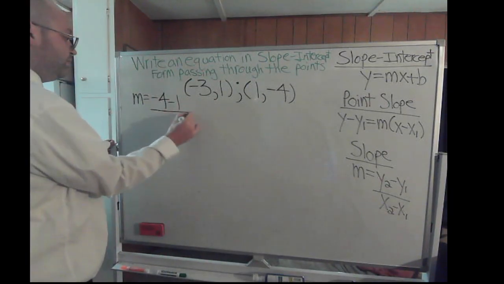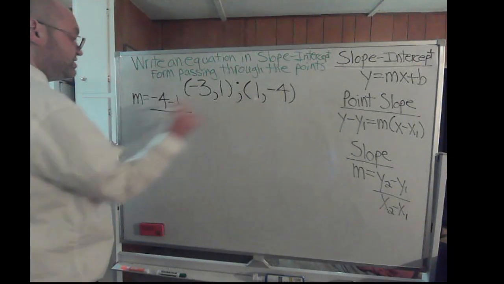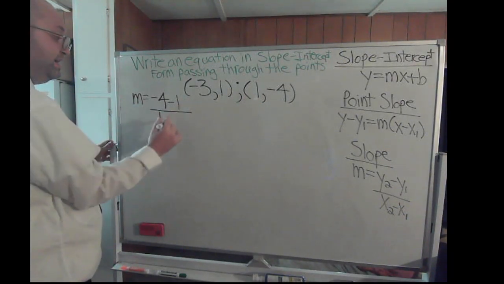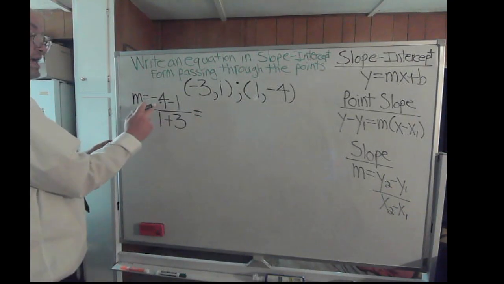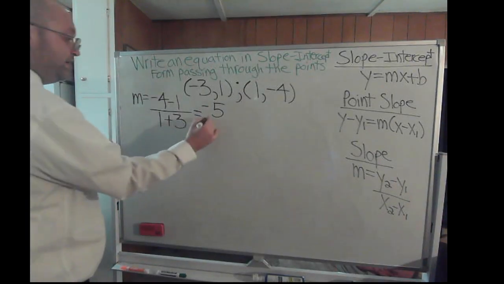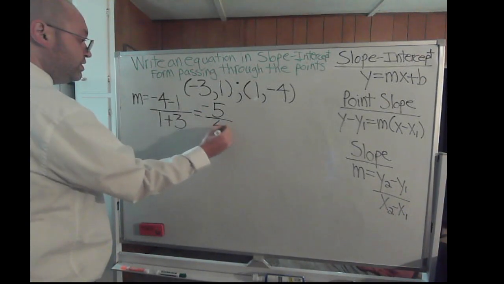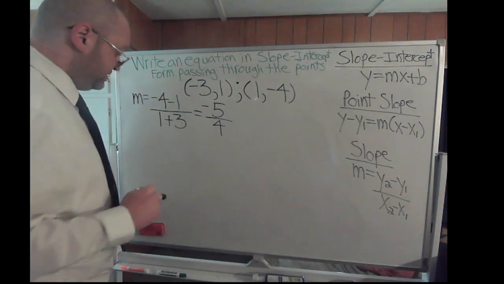So negative 4 minus 1 over your second x-coordinate of 1 minus negative 3 turns into 1 plus 3. So in the numerator, negative 4 minus 1, that's negative 5. Denominator, 1 plus 3, that's 4. So the slope of this line should be negative 5/4.